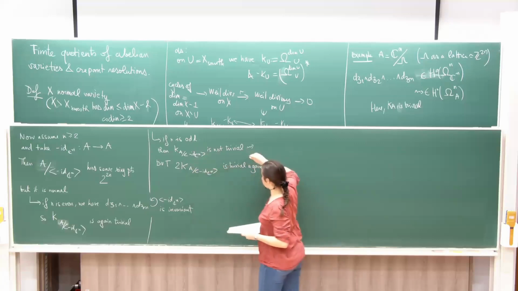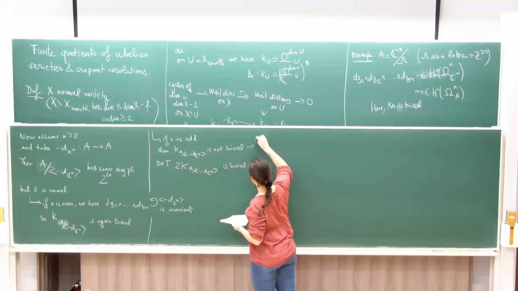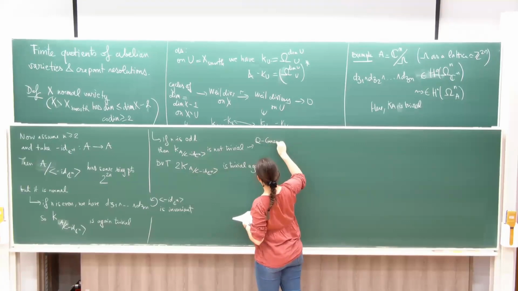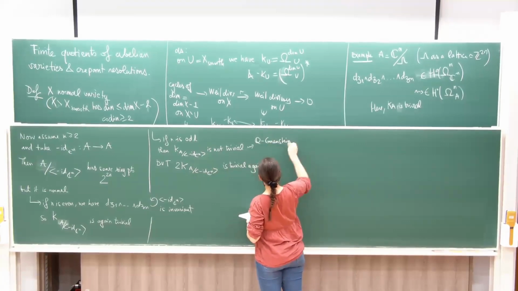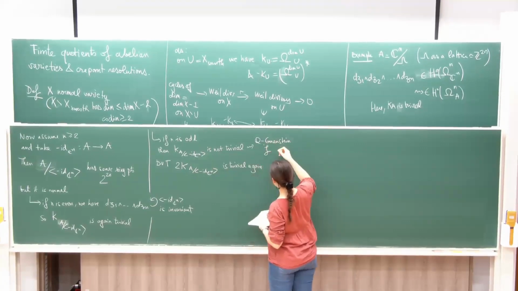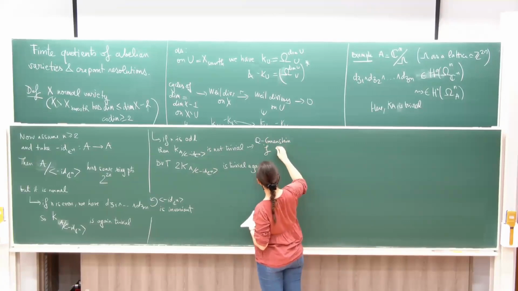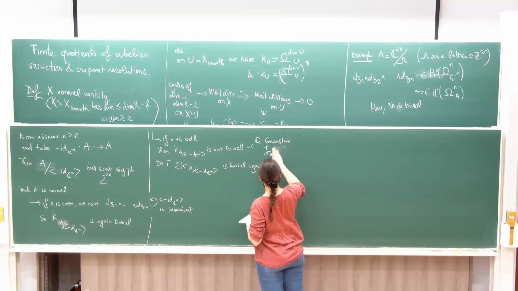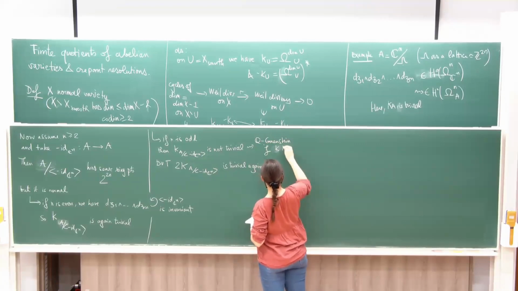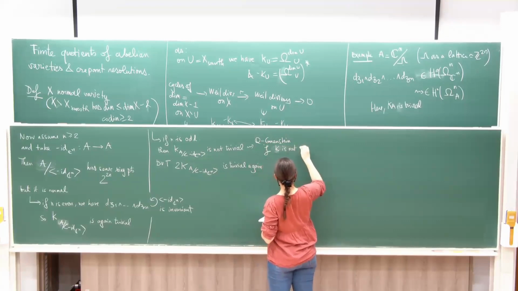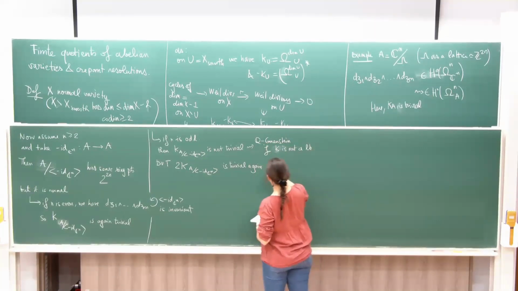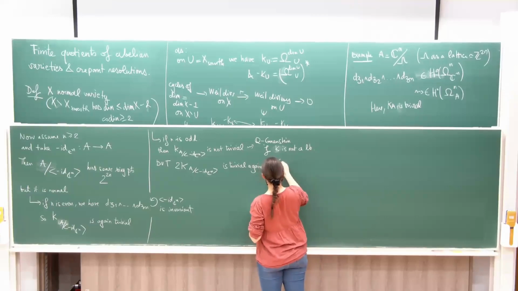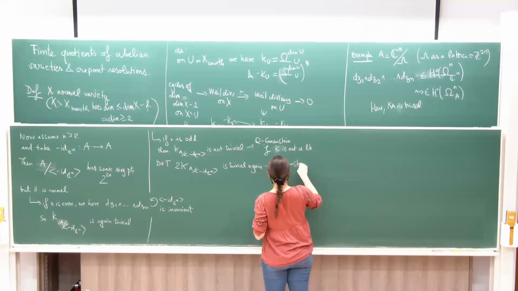And you can have worse singularities, so this will be called Q-Gorenstein. If K is not a line bundle, and if K is a line bundle, this will be called Gorenstein, and so they're a little less behaved.